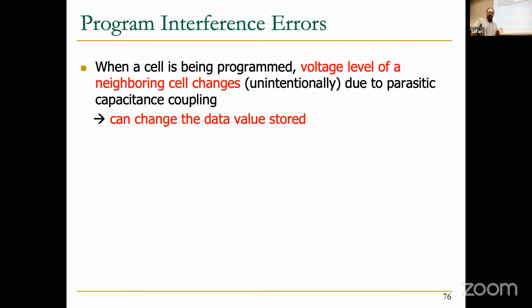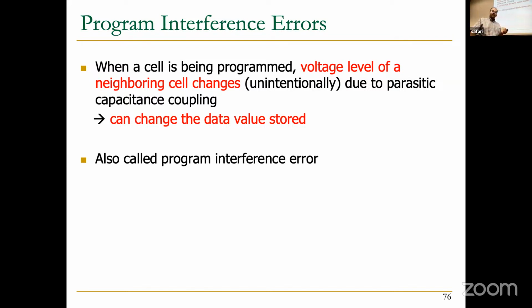That's our understanding of threshold voltage, but we also have program interference errors. When a cell is being programmed, the voltage level of a neighboring cell changes. It is kind of similar to RowHammer. The reason is that when you want to program a cell, or read from a cell, you need to apply a pass voltage to other pages. You have a page that you want to read or write, and for the other pages in that block, you need to apply a pass voltage.